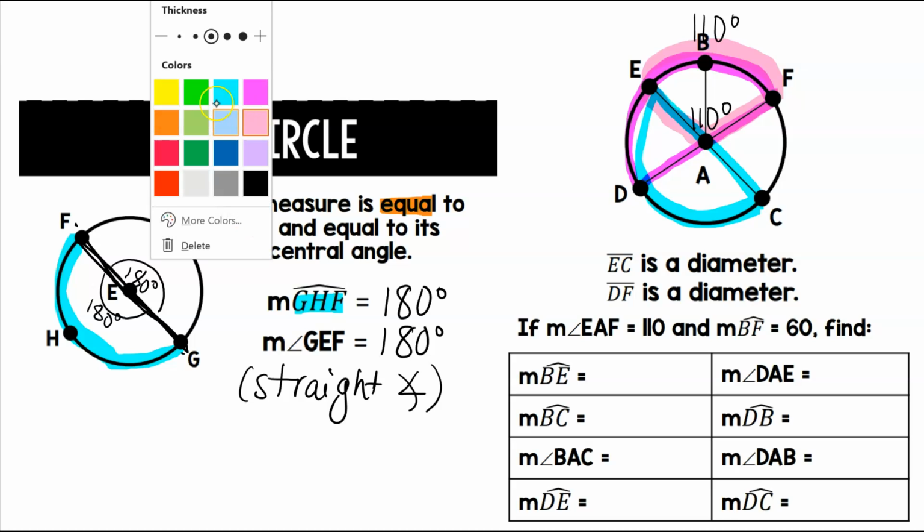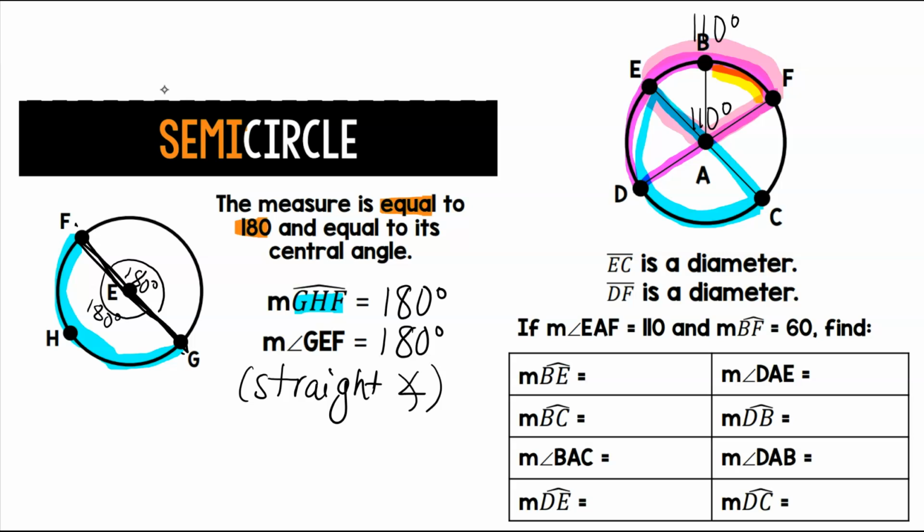So let's highlight that. Arc B from B to F is 60 degrees. Well, that's nice, because if I know this whole arc here from E to F is 110 and a piece of it is 60, 110 minus 60 leaves us with 50, which means arc BE is going to be 50 degrees.